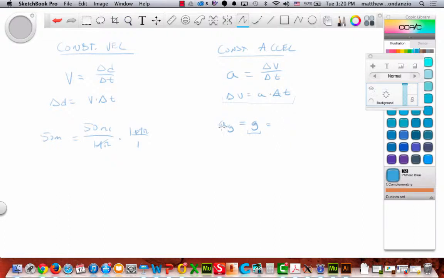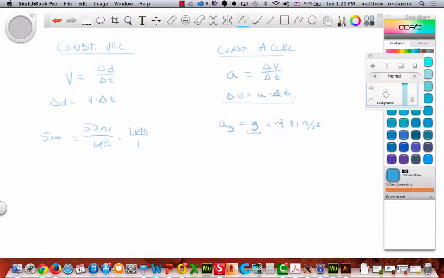So the acceleration due to gravity, or g, is 9.81 meters per second squared.